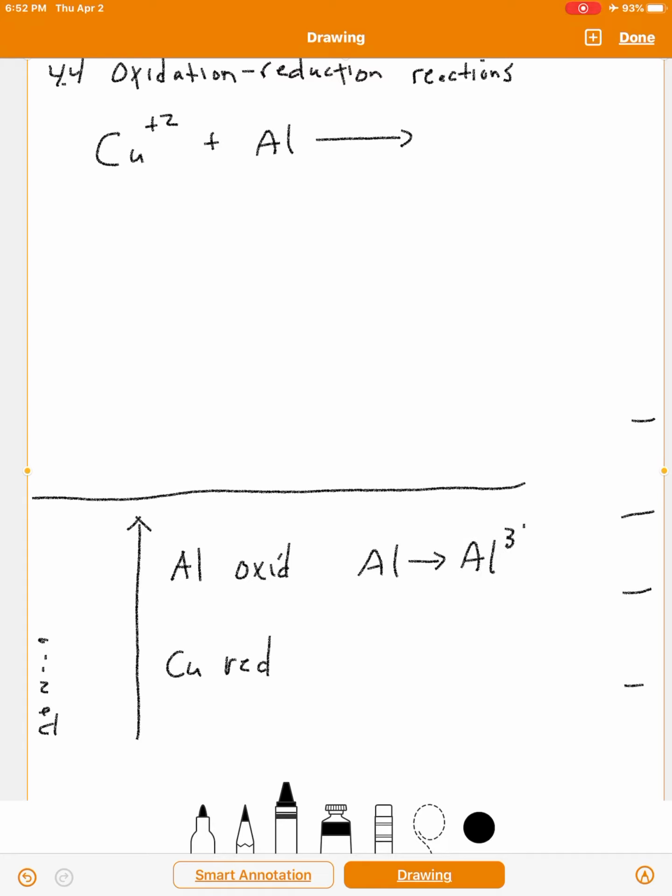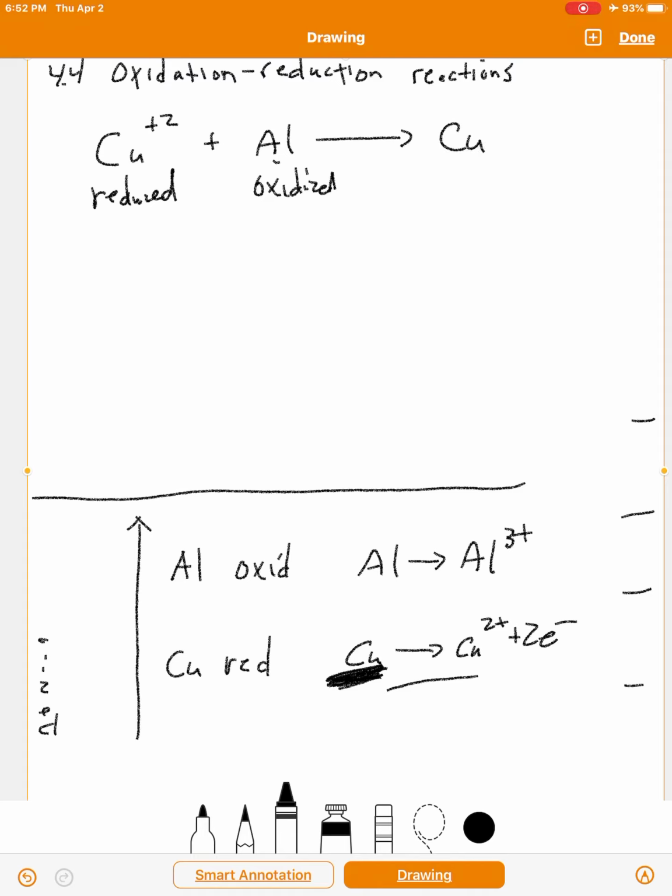It tells you what the product will be for aluminum. And then for copper, it tells you essentially we're going to do the opposite. So if this one's lower down, it's going to get reduced. This one's higher up, so it's going to get oxidized. The reduced form is this, Cu.